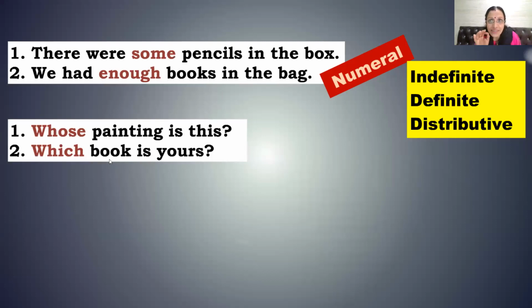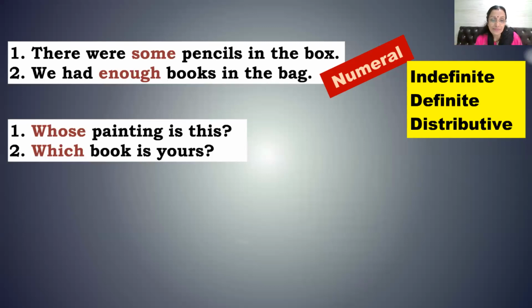Now, my dear teachers, please pay attention, I want your complete attention to this. I'm coming to a very big difference. Whose is this painting? Is the meaning the same? Whose painting is this, and whose is this painting?